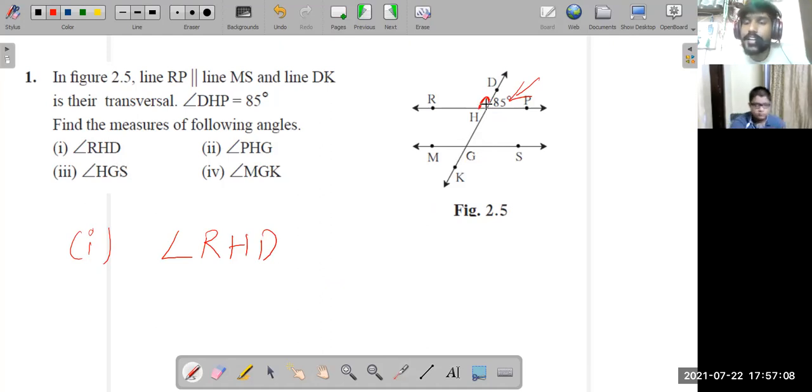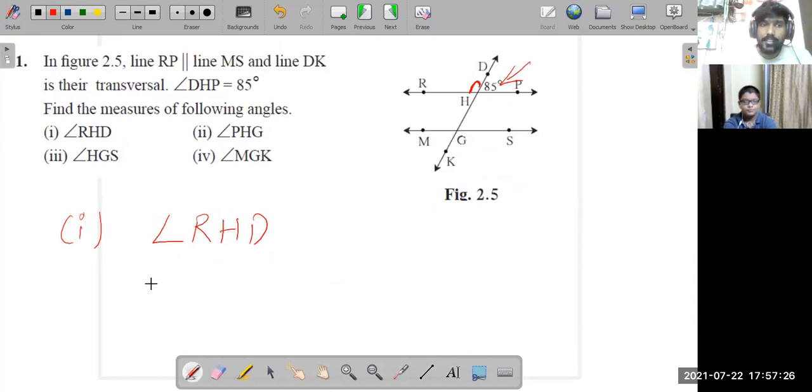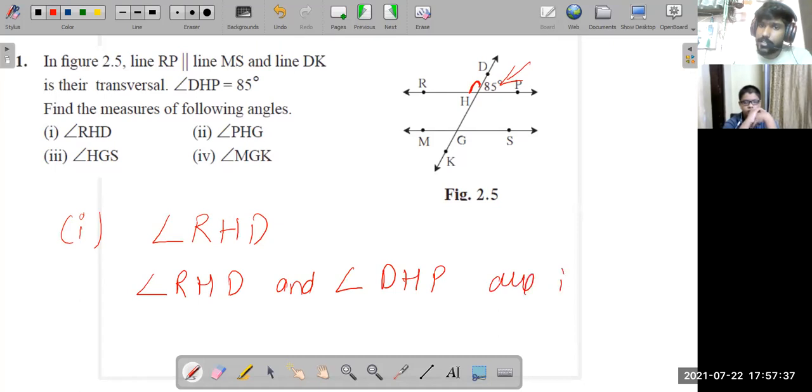How will we find out angle RHD? Can you think? We'll subtract 85 from 180. Why 180? Because it's supplementary. Yes, it is a linear pair. And the first point we studied, angle RHD and angle DHP are in linear pair.